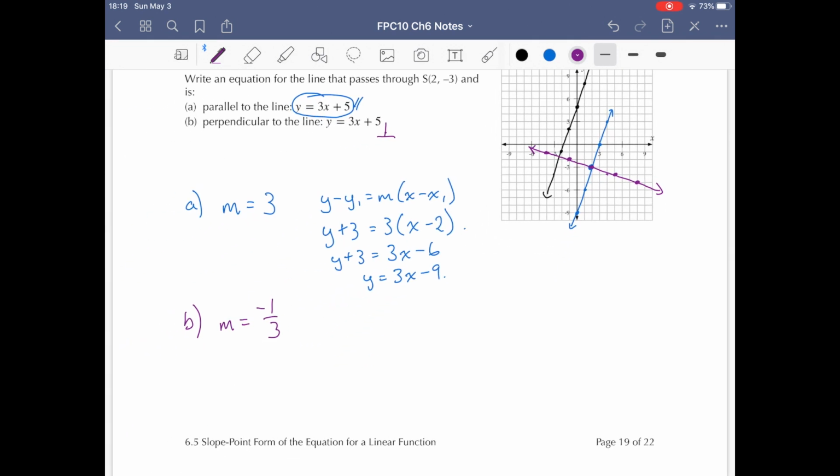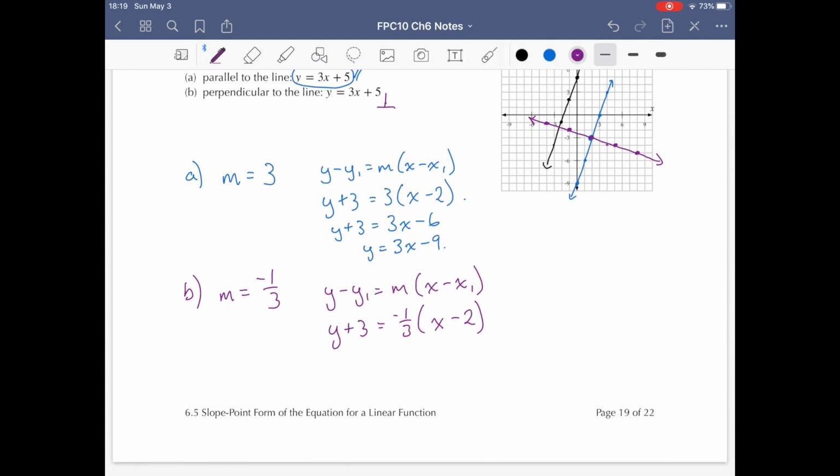Now let's use our formula. Y minus y1 is equal to m times x minus x1. We know that our y1 is negative 3, so we put in y plus 3 is equal to negative 1/3 x minus 2. Right, our x was plus 2 up here, so it becomes minus 2 down here.